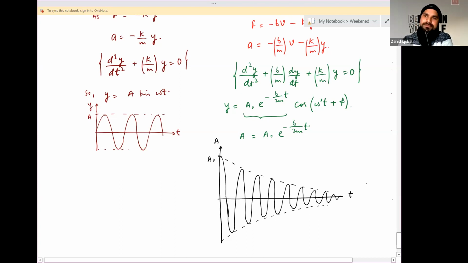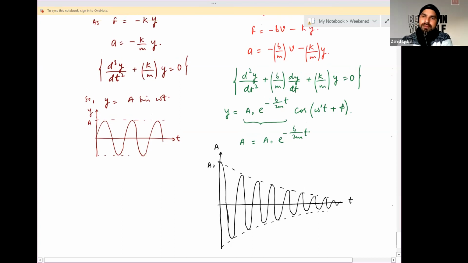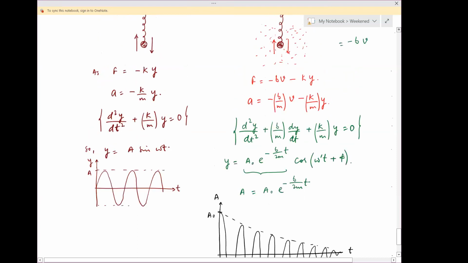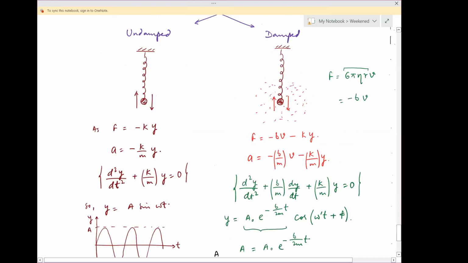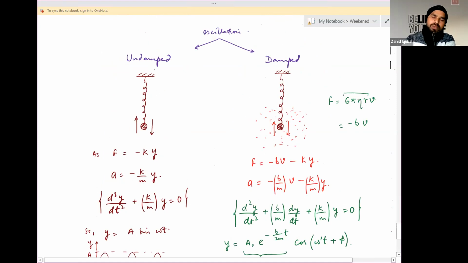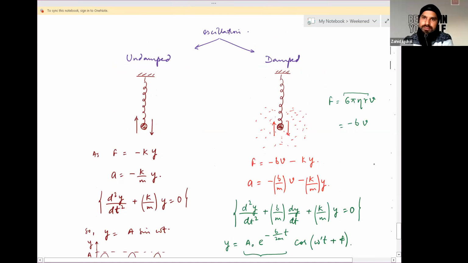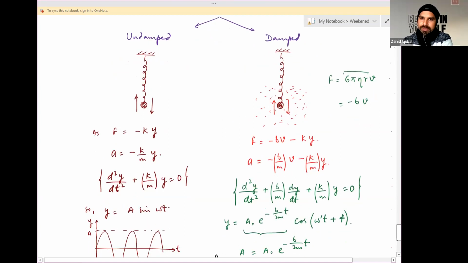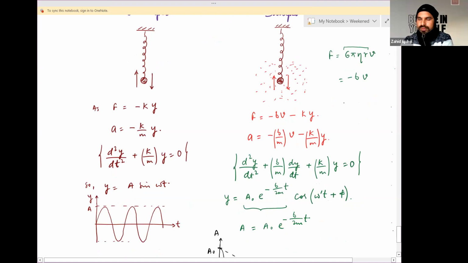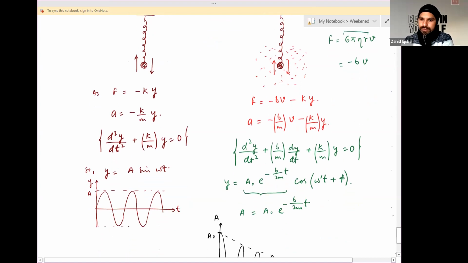Is it clear? Can I explain it one more time? We have two different types of oscillation. One is called undamped oscillation, in which there is no change in amplitude. In damped oscillation, if there is some viscous medium, the body will experience some viscous force, which will tend to decrease its amplitude.